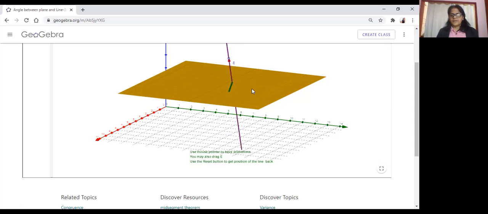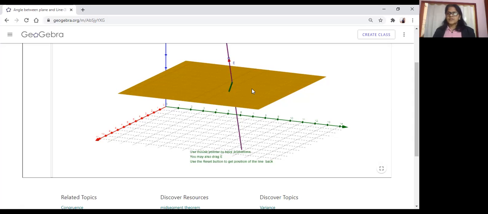What will happen? It is coincident to the normal, or it will be parallel to the normal. You can say it can be collinear with the normal. The normal is perpendicular to the plane, and the line is also perpendicular to the plane.